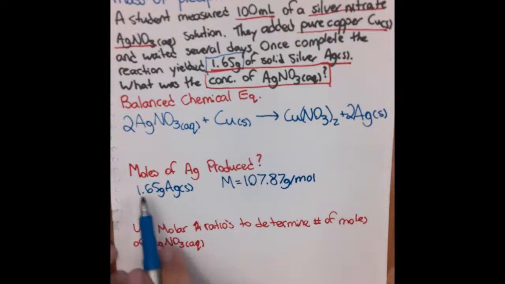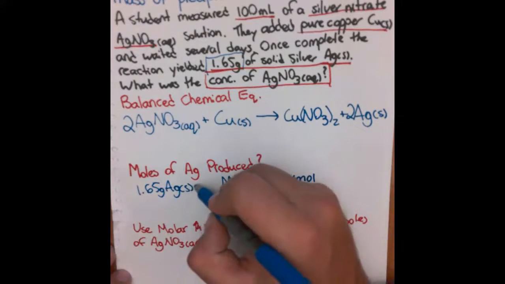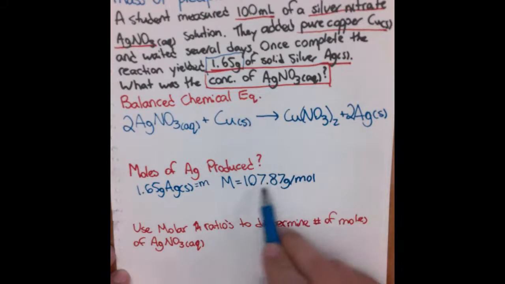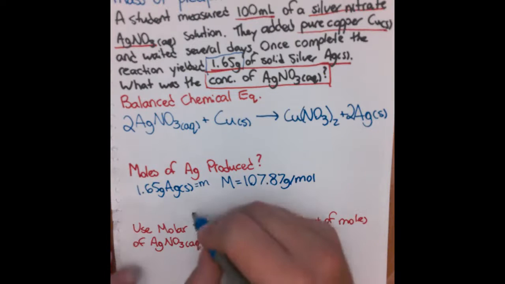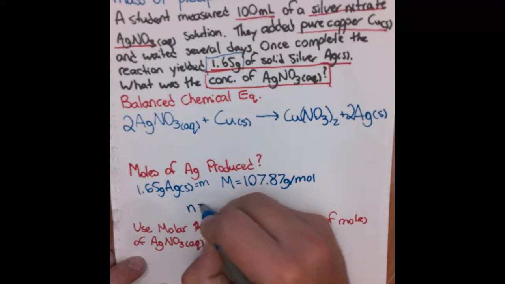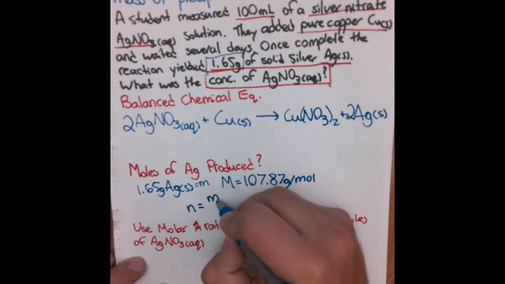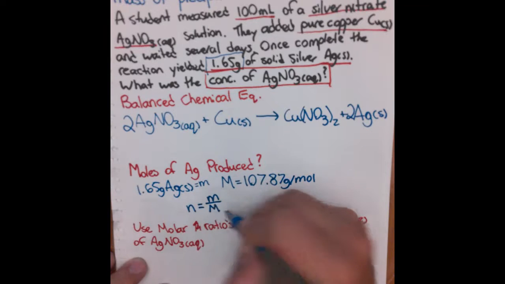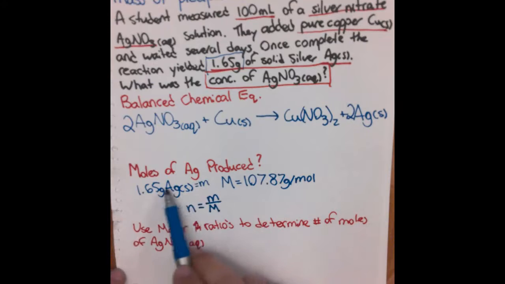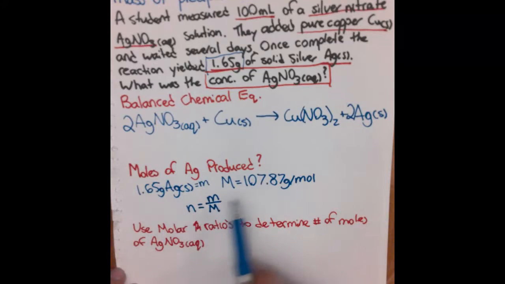Now we have our mass, which is our little m, and we have our big M. So we can now use our mole equation, which is our number of moles equals our mass of the compound over the molar mass.